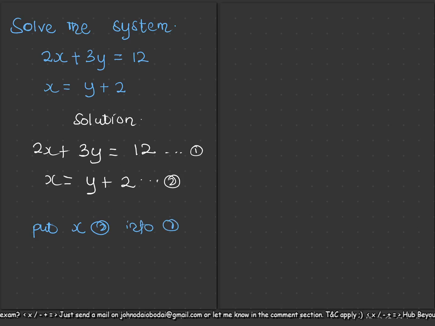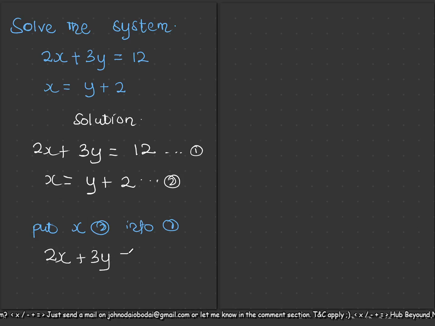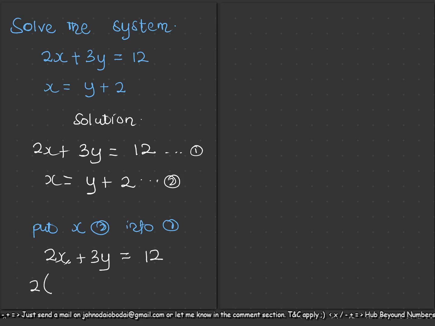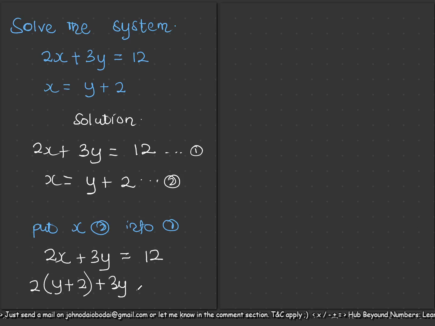So doing that, we know equation 1 is actually 2x plus 3y equals 12. So what we mean is, instead of this x over here, we are putting its corresponding value, which is y plus 2. You see? So that I have 2 into bracket, instead of this x, y plus 2. That is this here. Then plus 3y is equal to 12.